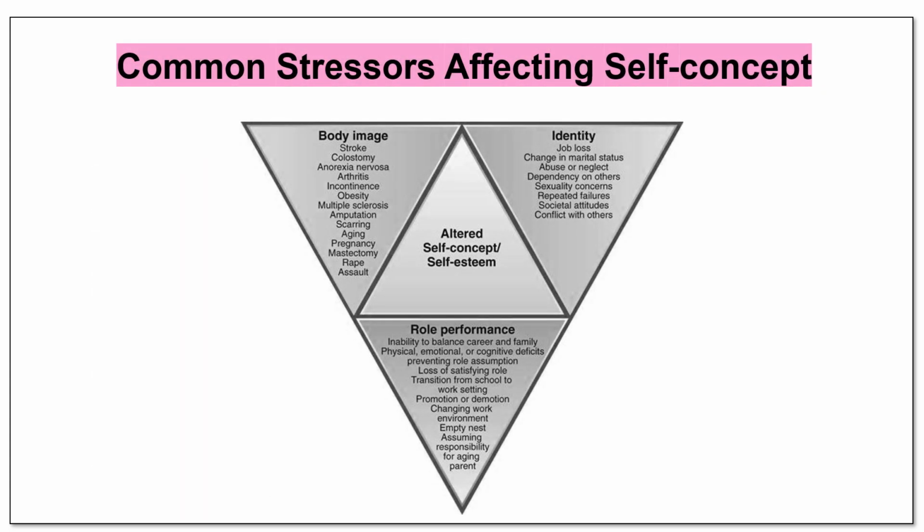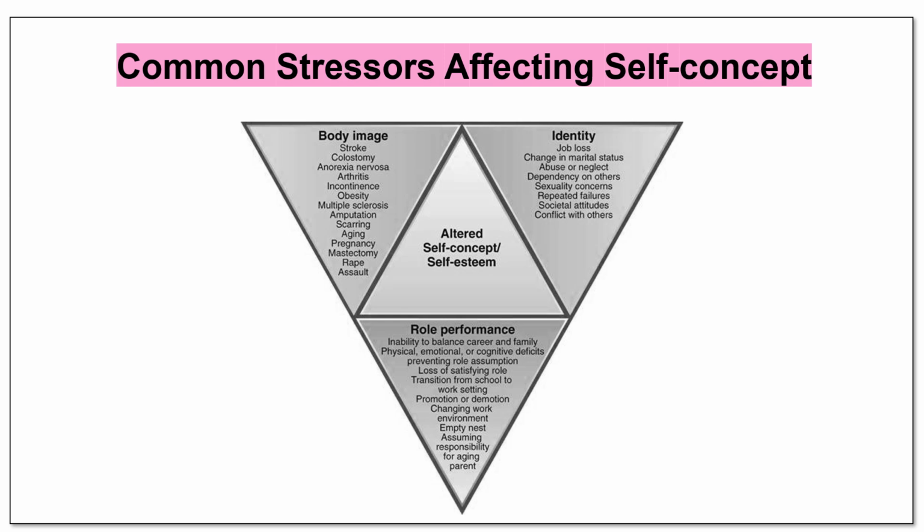A stressor is a real or perceived change that threatens body image, identity, and role performance, and essentially one's view of self-concept. So the most important influence on a person's ability to cope with a major stressor is their perception of the stressor.